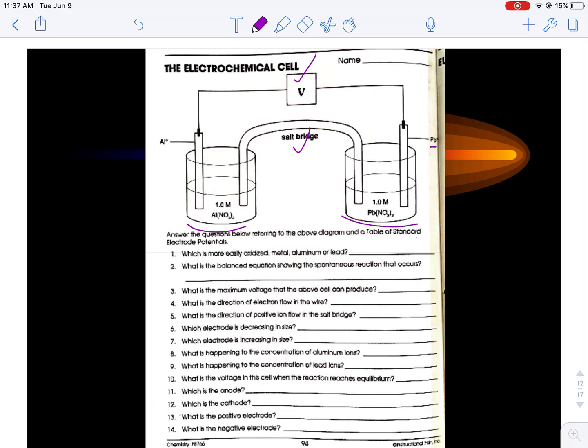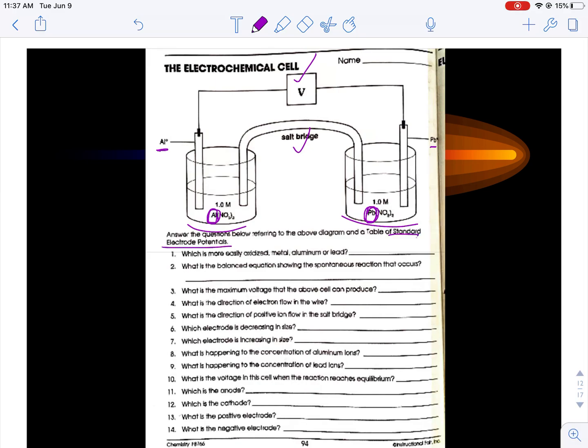I've got a metal bar, I've got lead dipped into a solution that contains its own metal ion. And again, aluminum, the metal, dipped into a solution that contains its own metal ion. And then the first question says, which is more easily oxidized? The aluminum or the lead?